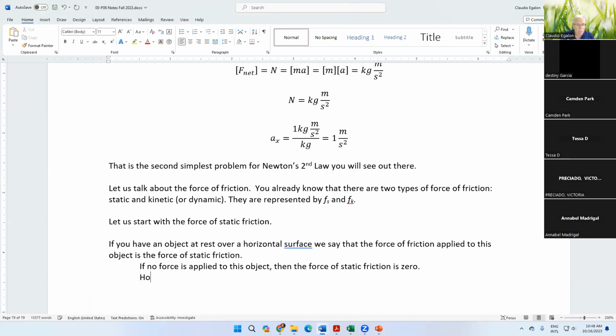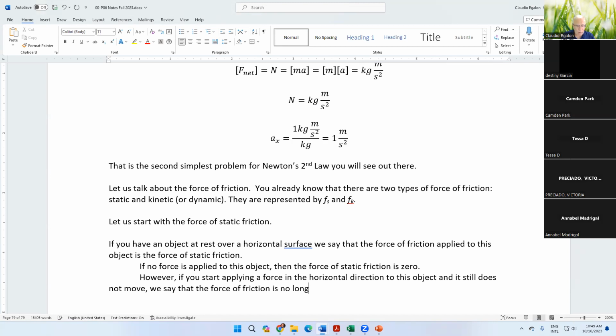However, if you start applying a force in the horizontal direction to this object, and it still does not move, we say that the force of friction is no longer 0, but has a magnitude equal to the magnitude of the applied force.